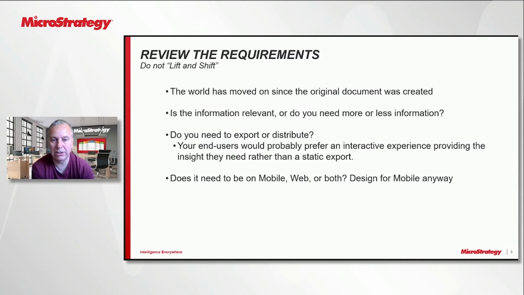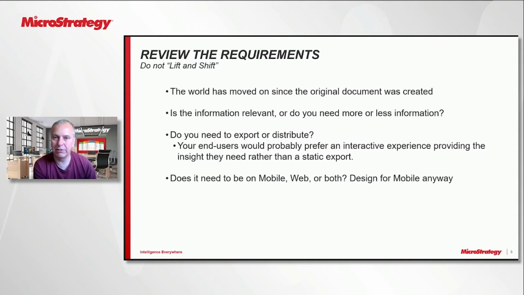Then think about, does it need to be available on mobile devices, just on the web browser, or on both? But even when you thought about that question, design for mobile anyway. And this was always a mantra, even with Report Services documents. So you've got to think about, can someone tap on the points on that graph, or can someone tap on the bars to interact with them? Is my finger too big to interact with this dashboard?